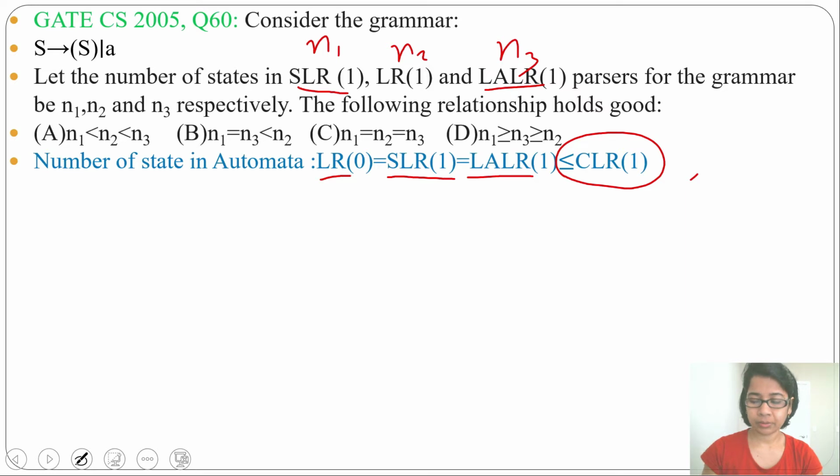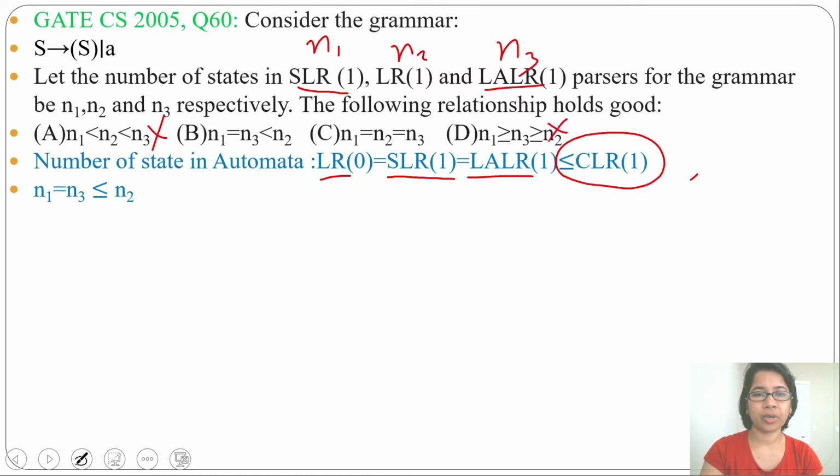So according to this, what will be the relation? N1 will be equal to N3, meaning the number of states in the SLR1 automata will be the same as the LALR1 automata, and that will be less than or equal to N2. N2 is the number of states for the LR1 automata. Now just check the options. Option A will be ruled out.